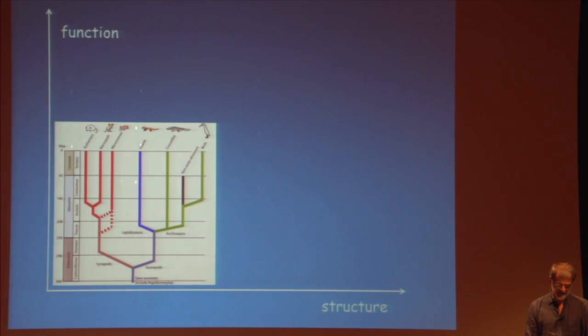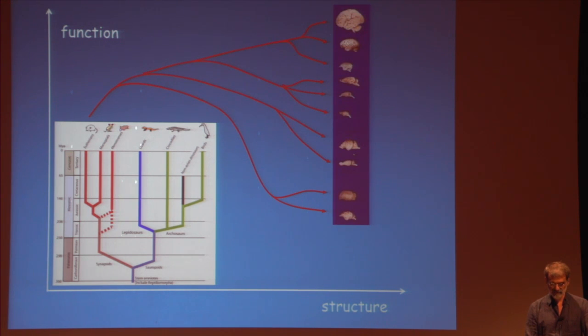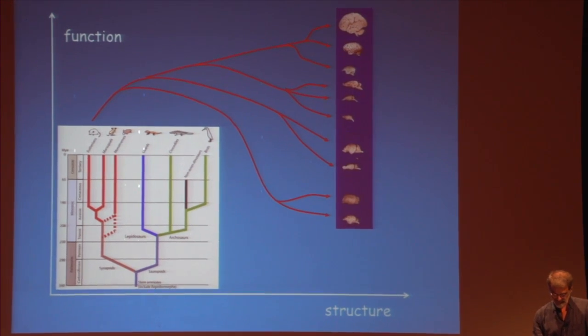The first game is essentially how mammals diverged from other amniotes, and I put that in this vertical arrangement. The second game is how we humans got differentiated from other mammals.